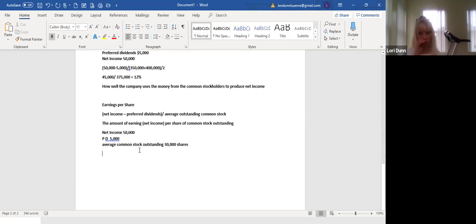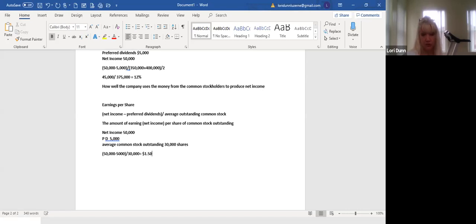We just fit that into our formula. The 50,000 minus the 5,000 for those preferred dividends, take those out. Only $45,000 of the net income has been earned for the common stockholders. So now divide it by the number of outstanding shares. Should be $1.50.